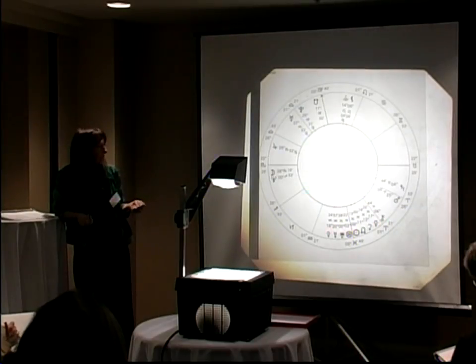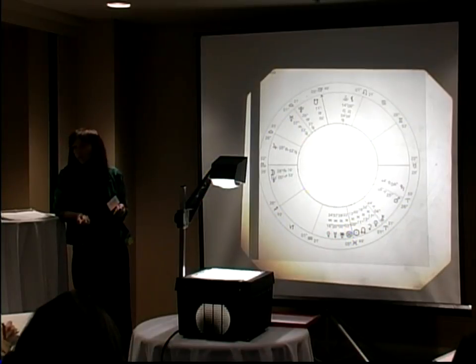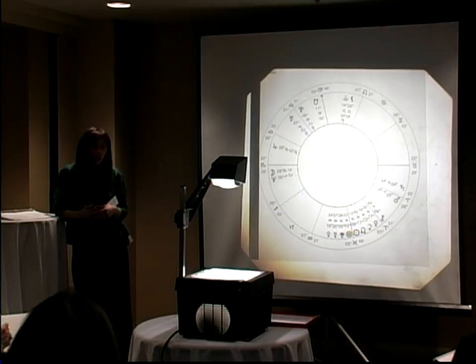We see the development of critical mass in terms of exactitude of aspects. The tighter the aspect, the more that is arrived at a critical mass point, which means that there is an opportunity to move that energy forward and to orient to a new evolutionary patterning.